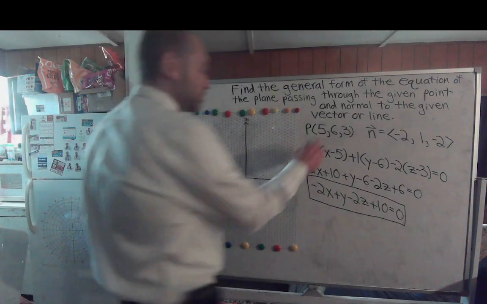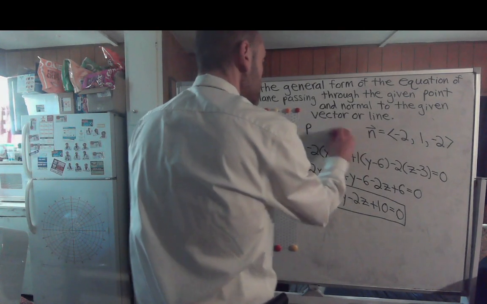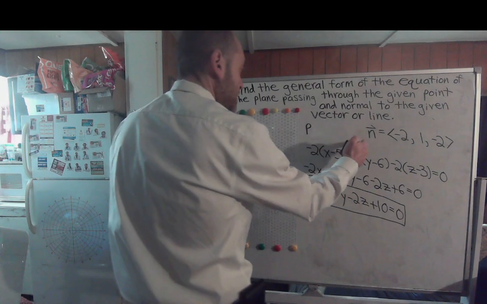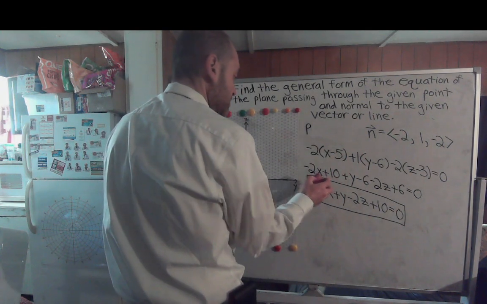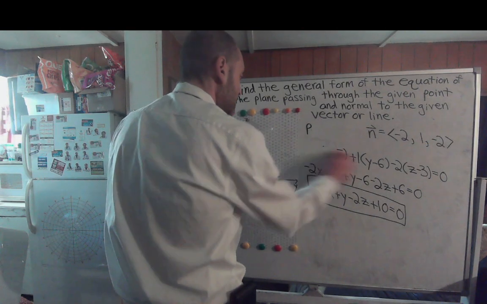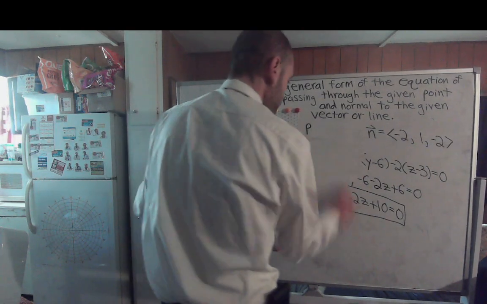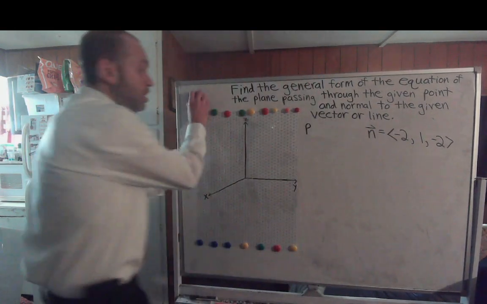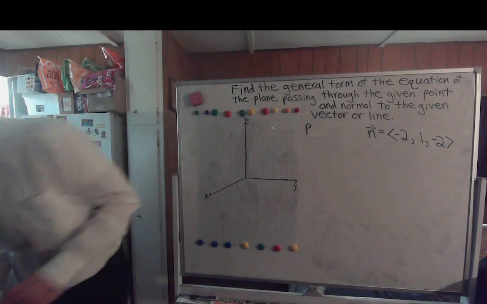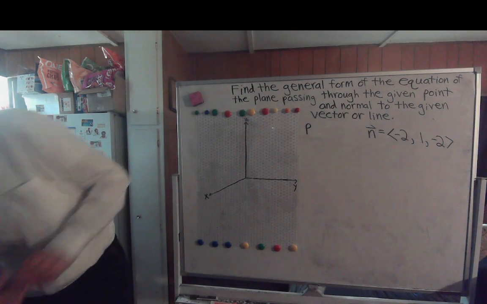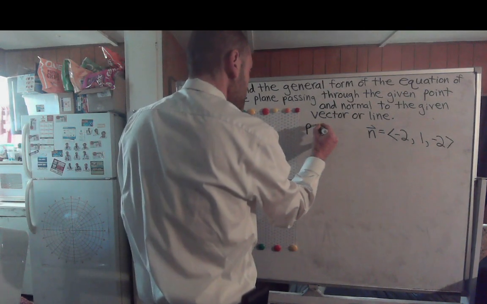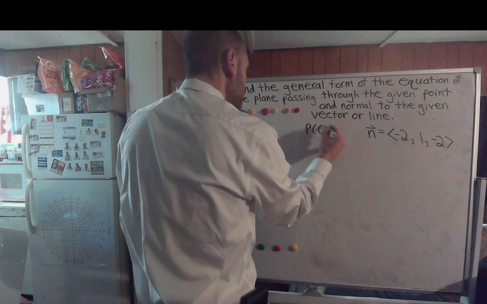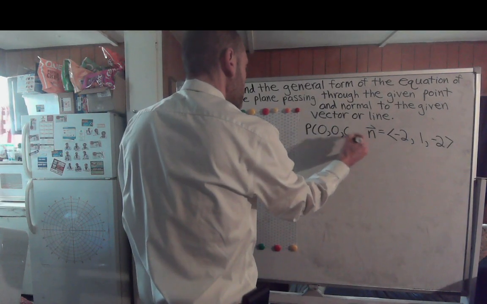Let's do one more like this, and then we're going to be given lines instead of a normal vector. Alright, so point P this time, they take it easy. Point P is 0, 0, 0, right at the origin.